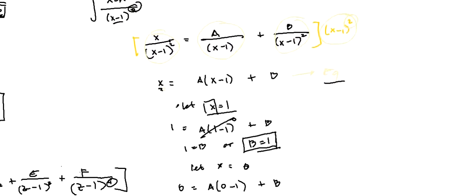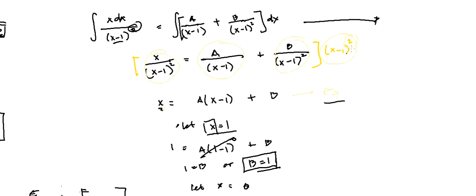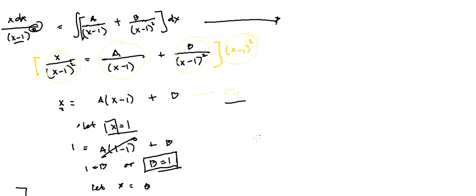then we may now proceed to our equation. This is equal to the integral of A all over x minus 1 plus B all over (x minus 1) squared dx. Okay, then from here we say that A is equal to 1 and B is equal to 1.